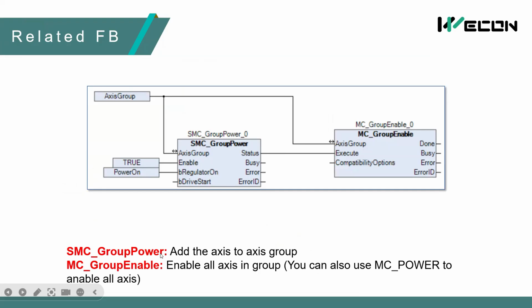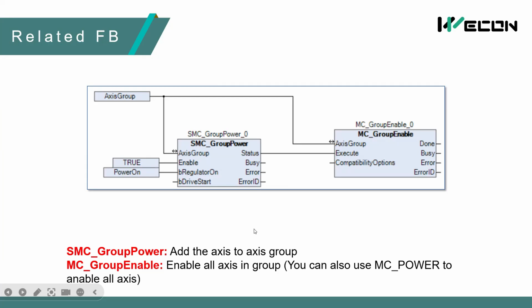So after running this function block, we can see that all these three axes are in the same group. And then we need to use this MC group enable to enable all axes in the group.